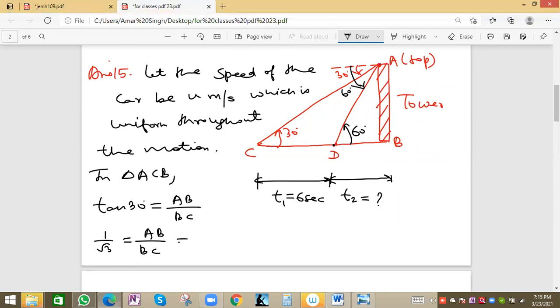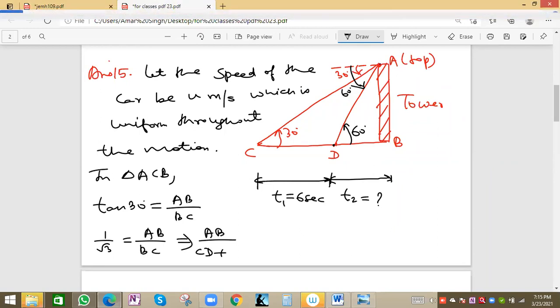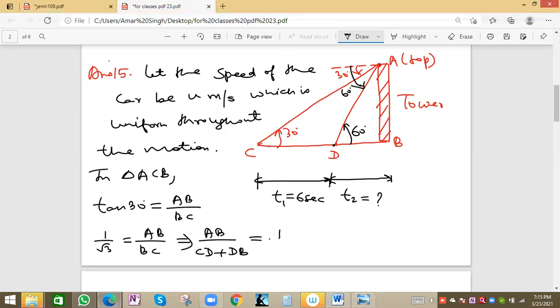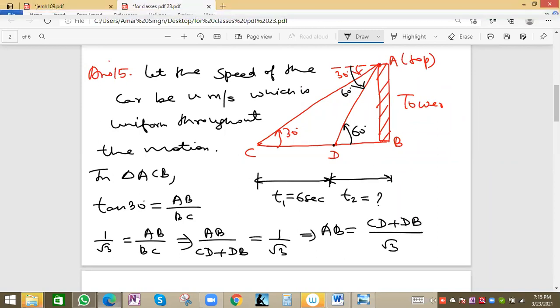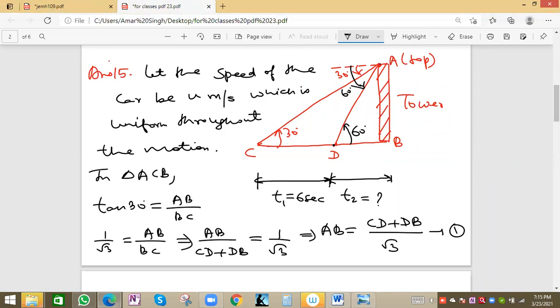BC we can write as CD plus DB. So we can write AB in terms of CD and BD. AB will be equal to (CD plus DB) by root 3. This is equation 1.